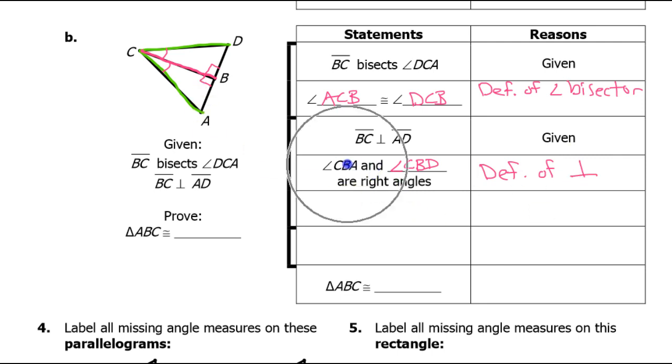Now, if these two angles are right angles, that means these two angles are congruent. That's always going to be the very next thing you write. So we will write that angle CBA is congruent to angle CBD, because right angles are congruent.